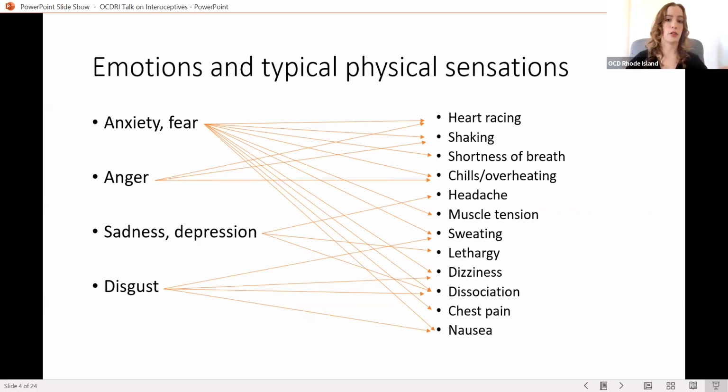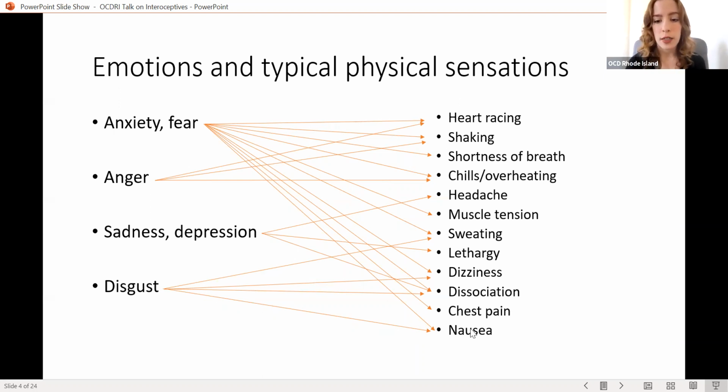So you'll get a similar feeling in your body, maybe like heat sensations or shaking or racing heart coming up with anger. Sadness and depression, of course, feels a little different. It's oftentimes heaviness and lethargy and feeling weighted down, sometimes tension headaches coming up. Disgust can bring up feelings of nausea, dizziness, sometimes heat sensations, GI distress, that sort of thing.